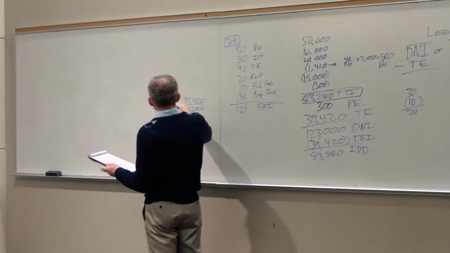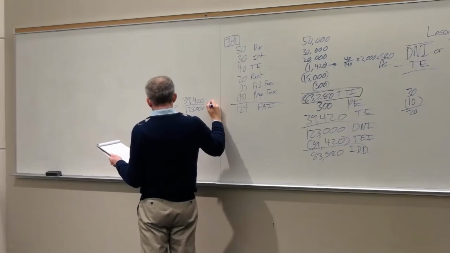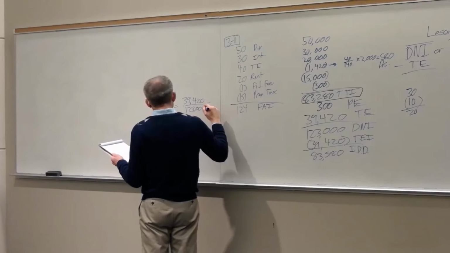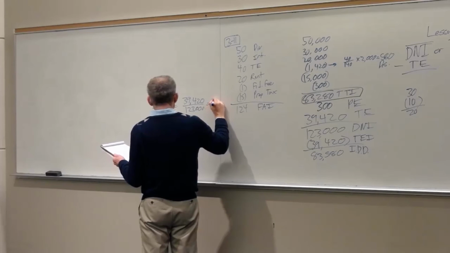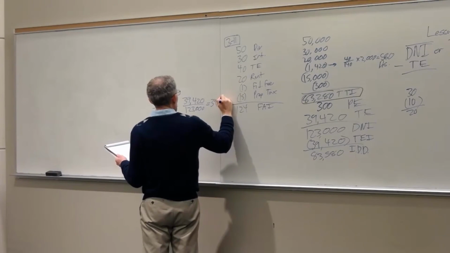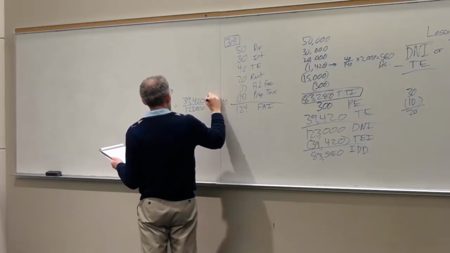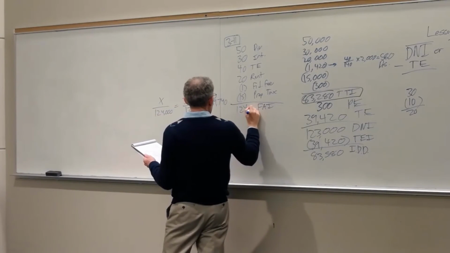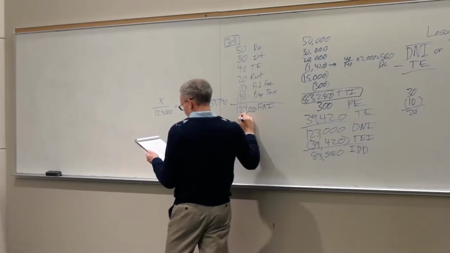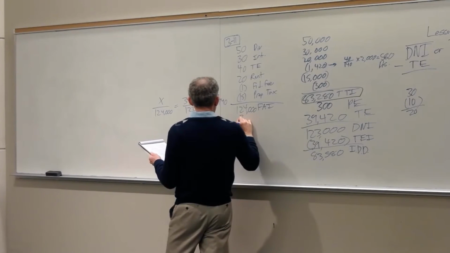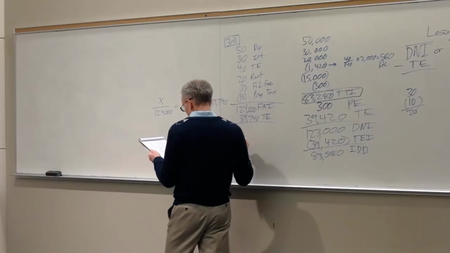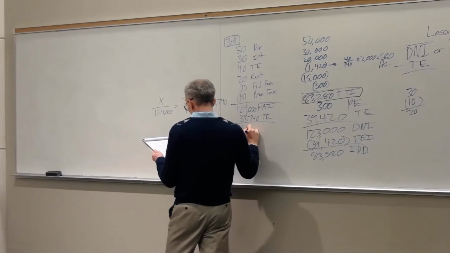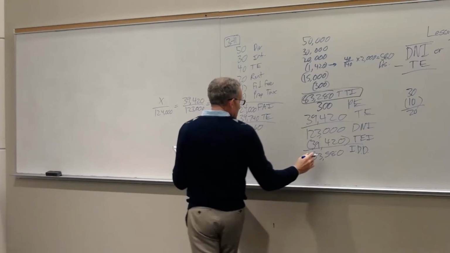We don't know how much is embedded in the fiduciary accounting income, but by going through this exercise, if you do the cross multiplication, it comes out to be 39,740. That's how much is embedded in the modified tax exempt. So if you were to subtract 39,740, that's the tax exempt that's embedded in the fiduciary accounting income. It's 84,260. What's the lesser of the two?